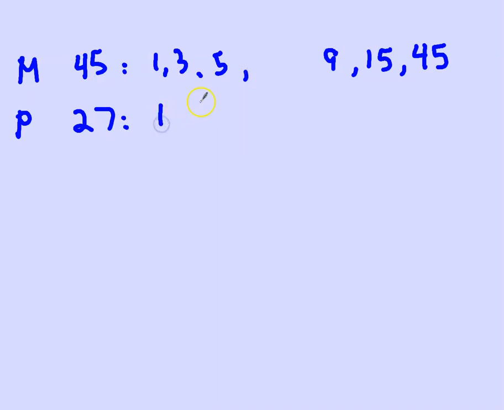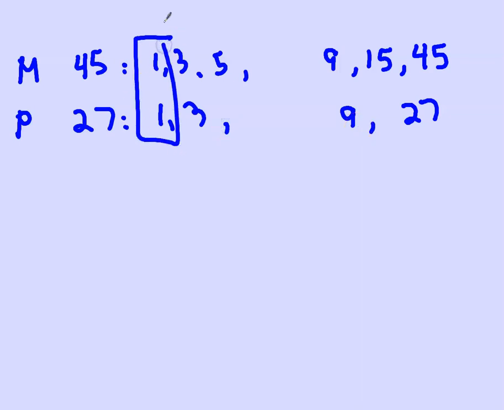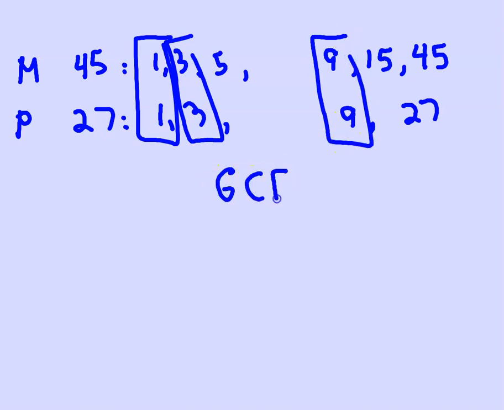Well, 1 goes in 27 times. 2 doesn't go in. 3 goes in 9 times. 4 doesn't. 5 doesn't. 6 doesn't. 7 doesn't. 8 doesn't. And 9 we've already got. So there's our list. And the common factors are 1 and 3 and 9. What's the greatest one? Greatest common factor is 9.